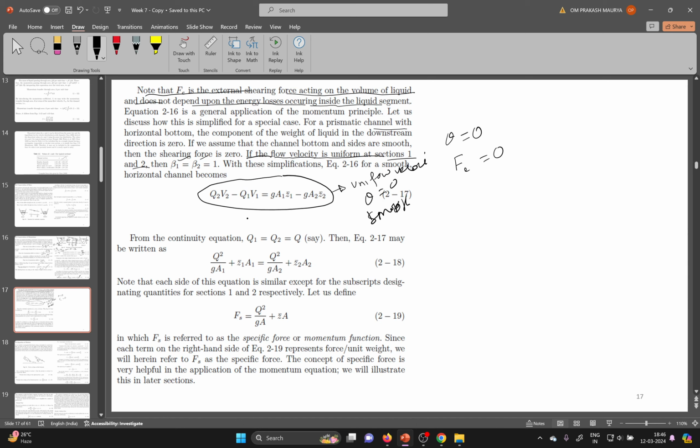If you rearrange these things, with Q1 equal to Q2, it will give these. Let me discuss how you will get Q2 v2 minus Q1 v1 equal to g A1 Z1 minus g A2 Z2.